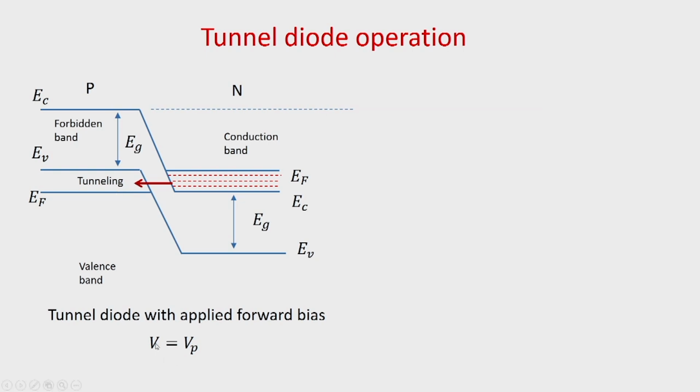And when V is equal to Vp, that is why we get the maximum current or the peak current Ip.